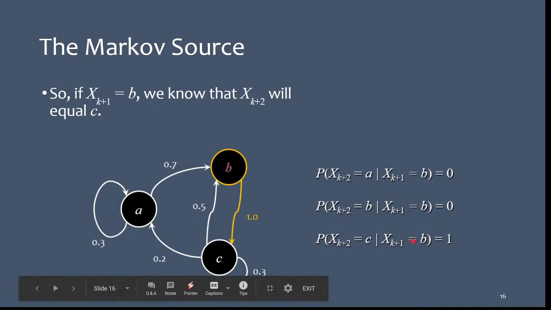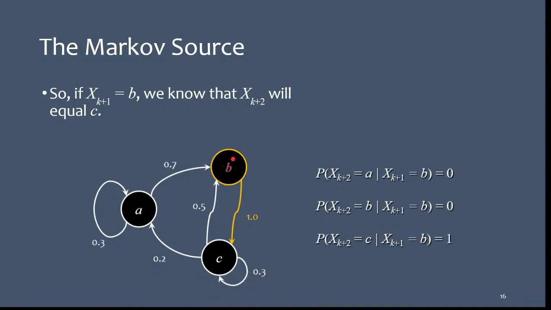If it is B right now, moving on to C next time is definite, so it has a probability of 1. So this source, if it emits B first, will then emit C.